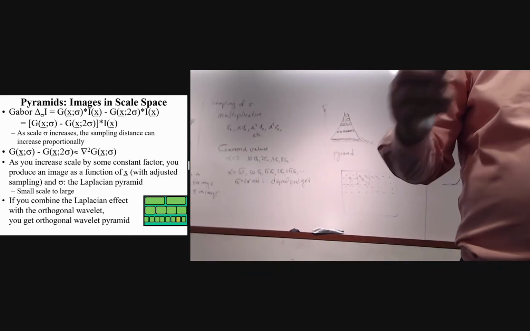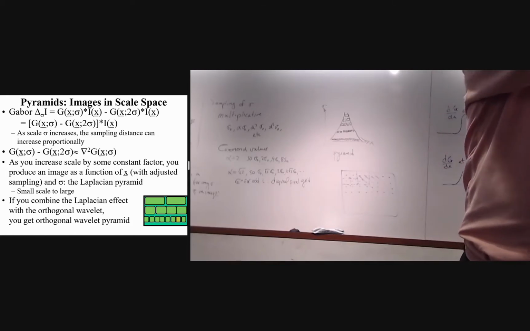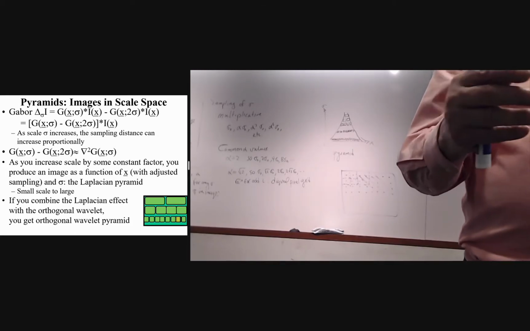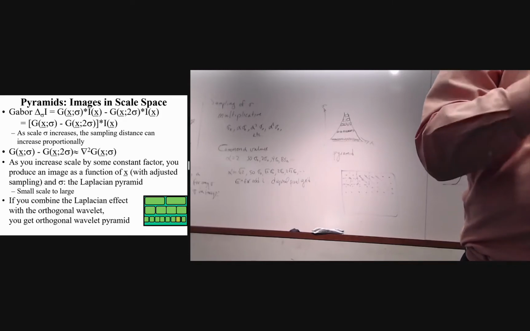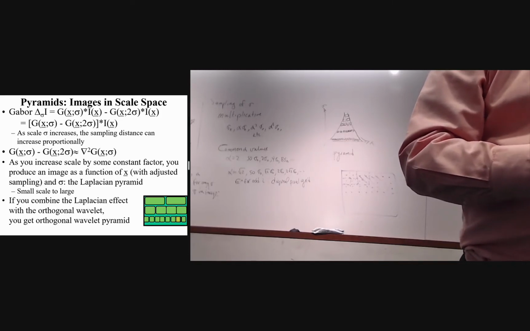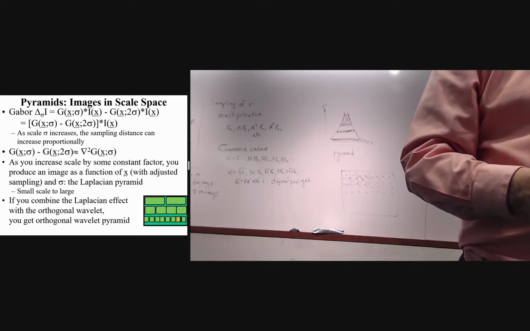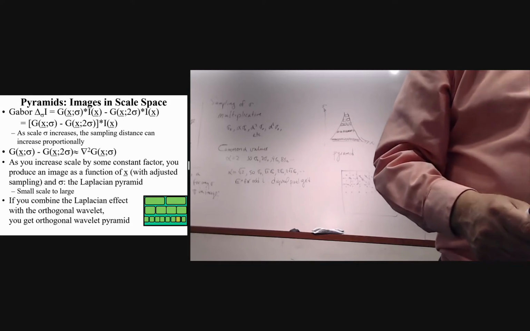And then the next scale you sample horizontally and vertically again, and that works just great if you're using root 2 as the ratio between successive scales.